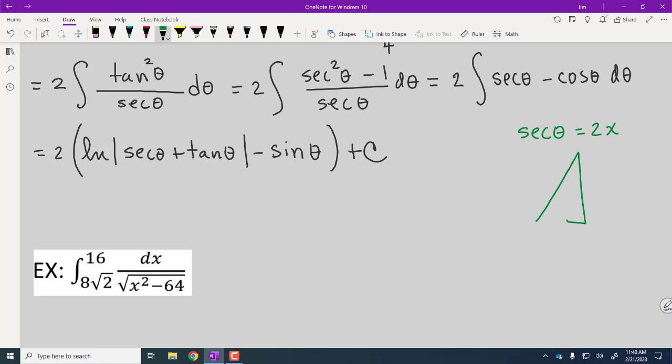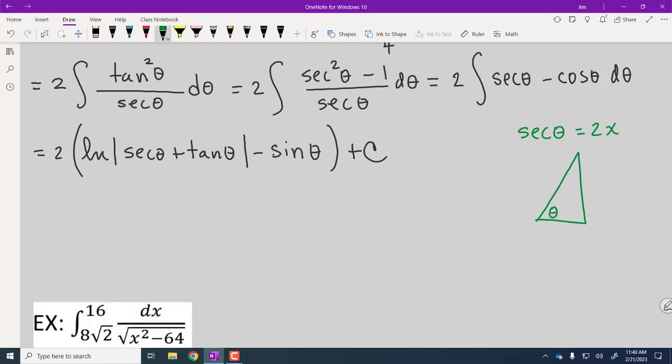Same triangle every time. Put a theta right there like it's in quadrant 1. Secant is hypotenuse over adjacent. So hypotenuse over adjacent needs to be 2x.